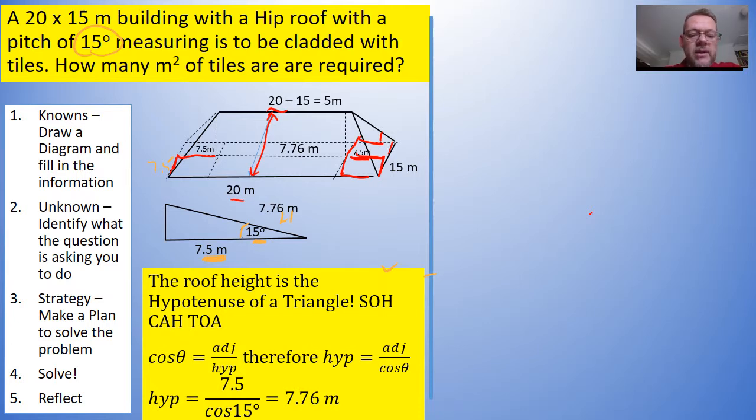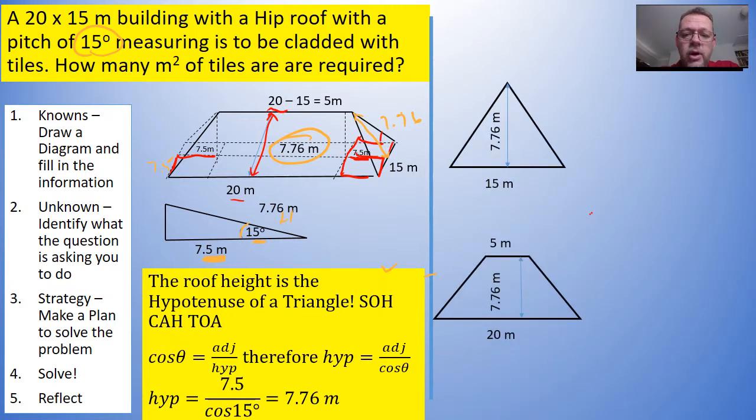That should give us 7.76 meters. So the height of the trapezium on that side of the house is 7.76. Because they also come in at 45 degrees, the height of that triangle will also be 7.76 meters.